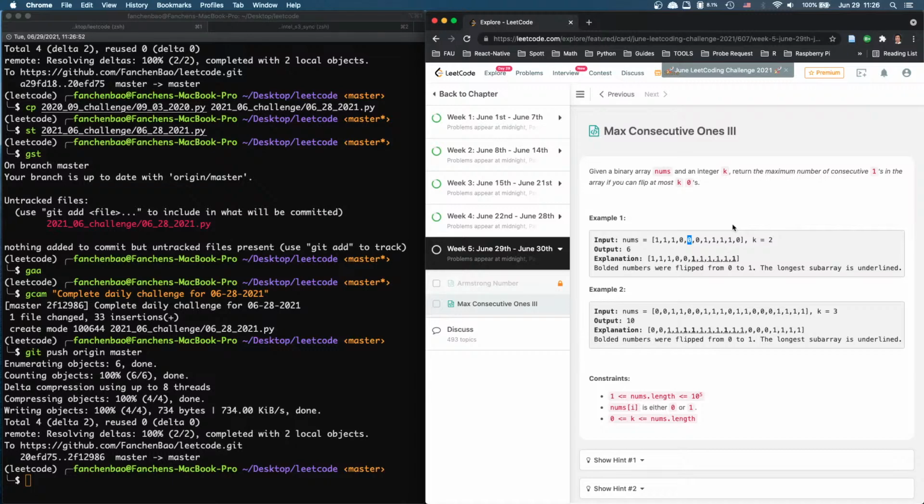So I say when I flip, longest stretch. So what longest stretch can be 1? This is going to be 5. This is going to be 5. So I say 2, right? So this we already flip. 2, we have to go to the second one, right?